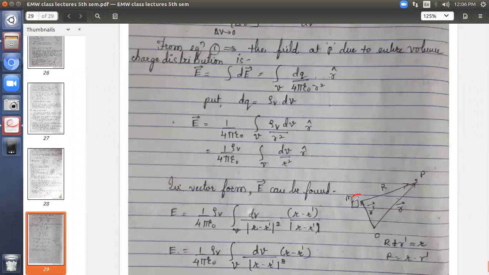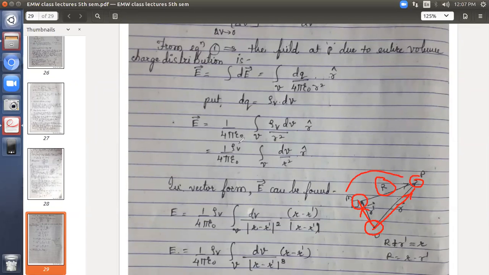See, point M is there, point P, and here I have taken origin O, because in order to find the values in vector form we need an origin as a reference. So I have drawn two position vectors, from origin to P and from origin to M. This is your distance vector between M and P.